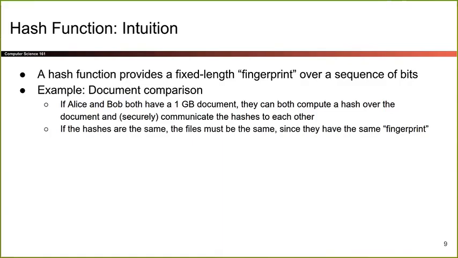And remember, hashes are deterministic. So if I hash the exact same document twice, I get the same fingerprint twice. If Alice and Bob compare their hashes and they're the same, then they must have the same files. But if the hashes are different, then they must have different files, because if I change just 1 bit in the document, the entire hash output looks unpredictable and different. So this is just one way you might consider using a hash.